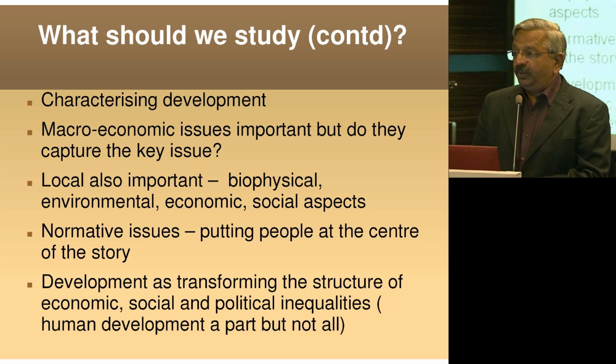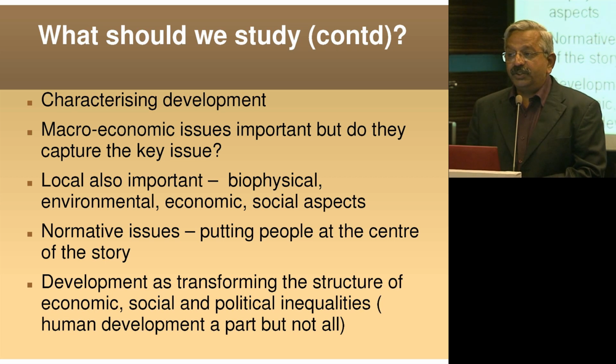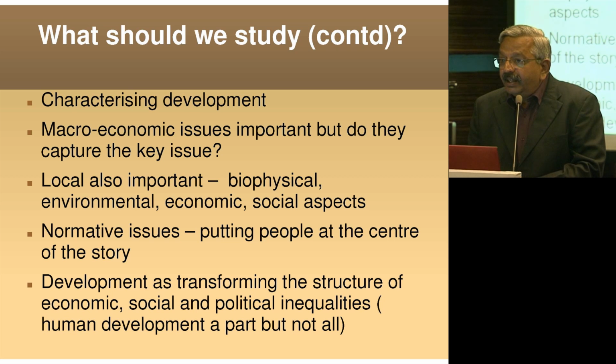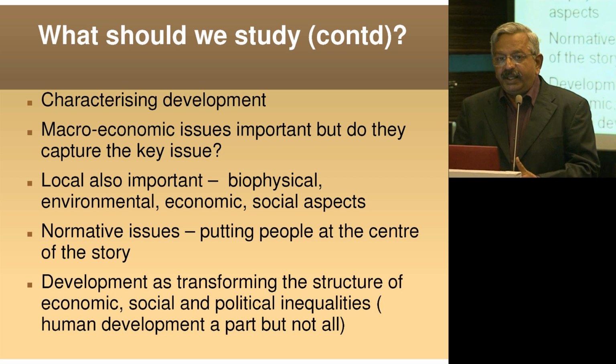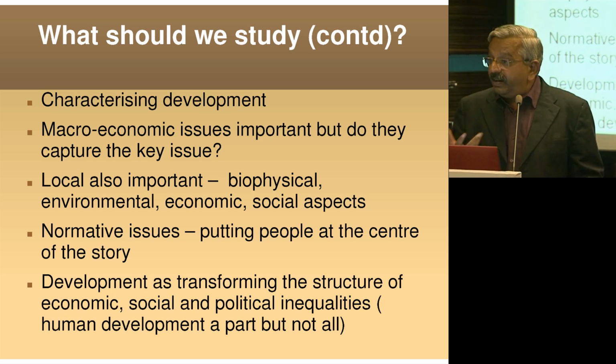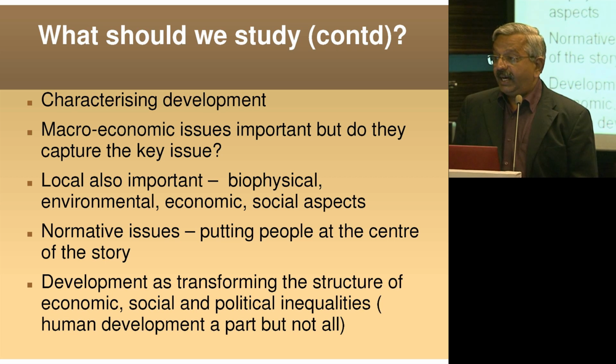There are a whole lot of people who do not think agriculture is so important because it contributes only 17% of GDP. So what is important? There is a sense in which you have to make a normative choice in terms of what your focus is when you talk of development and transforming agriculture.